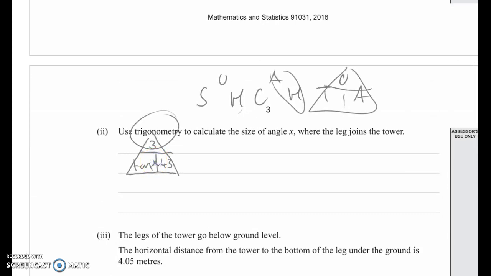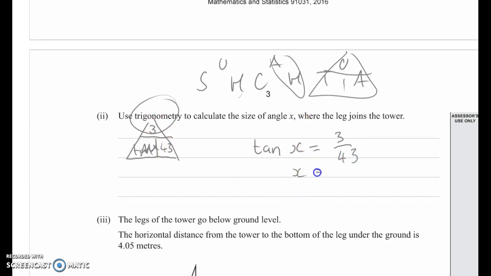So it's the tan of X that I'm trying to find. So tan of X is equal to, they are on top of each other, so it'll be like that. And to undo the tan, remember, we are going to inverse tan, so it's going to be tan to the -1 of 3 over 43.